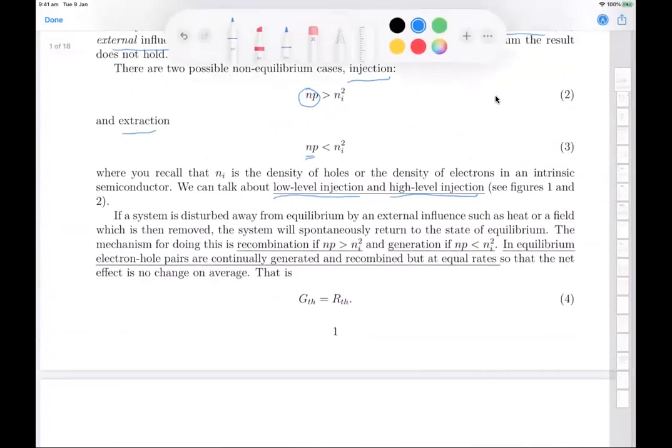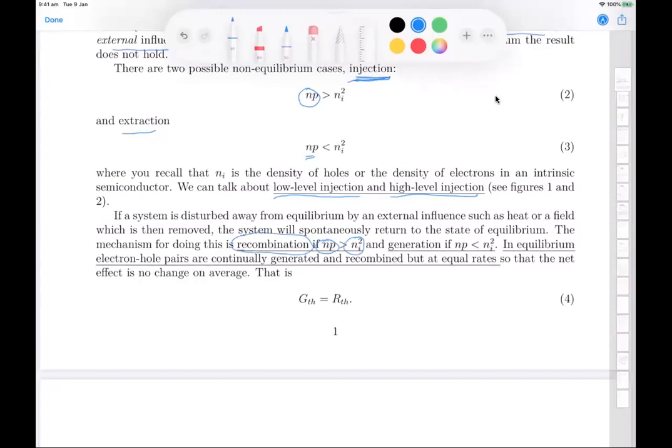So what is the process by which the hole population and electron population can change? When the product NP is greater than Ni squared, that is when we have injection, then there is a spontaneous process within the semiconductor to recombine the carriers.